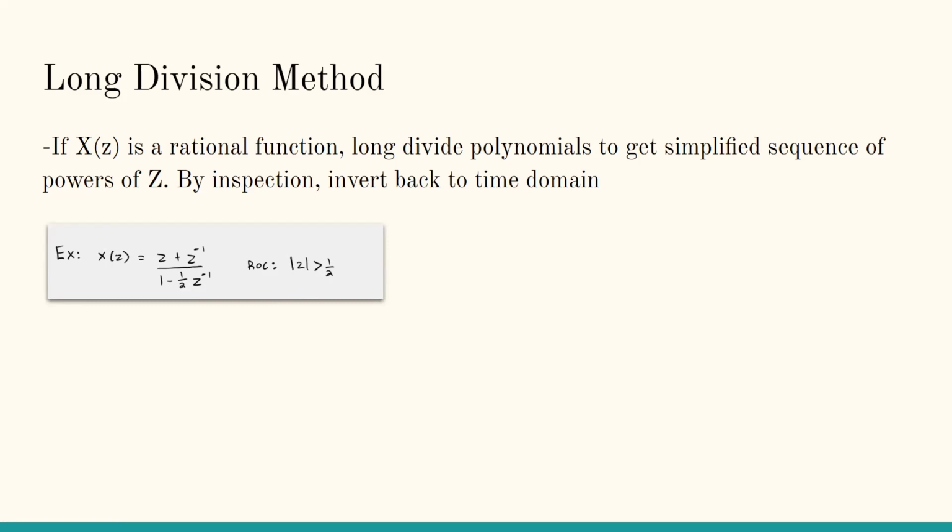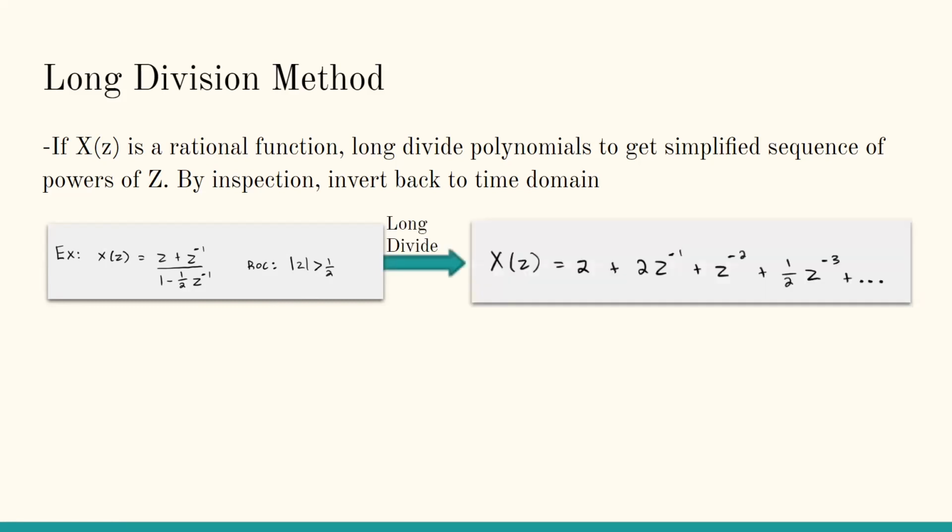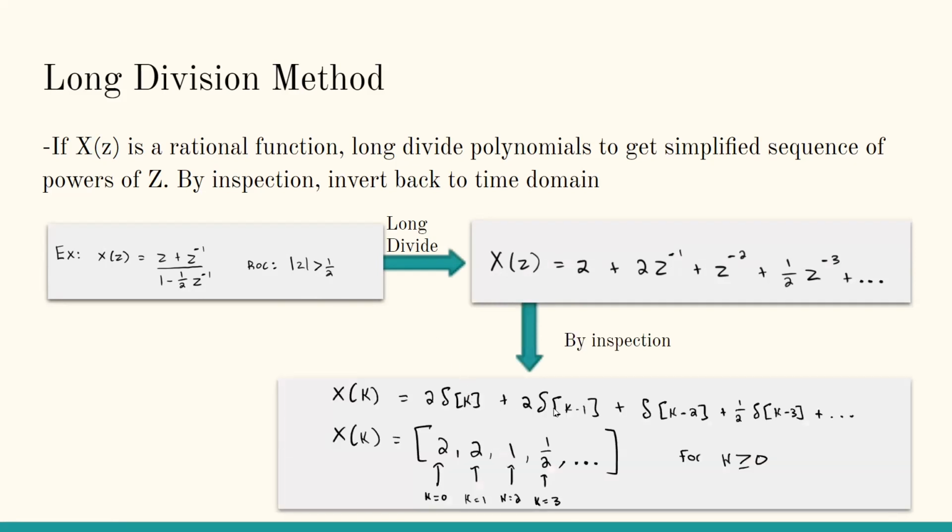And so when we perform the long division, we get expressions as simplified sequences of powers, and then by inspection we can say that it is shifted impulses, where the coefficients are actually the amplitude of our signal in the time domain.